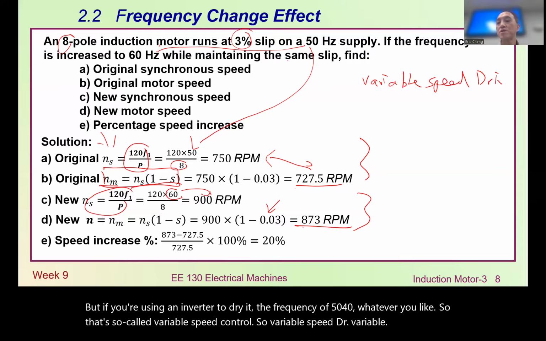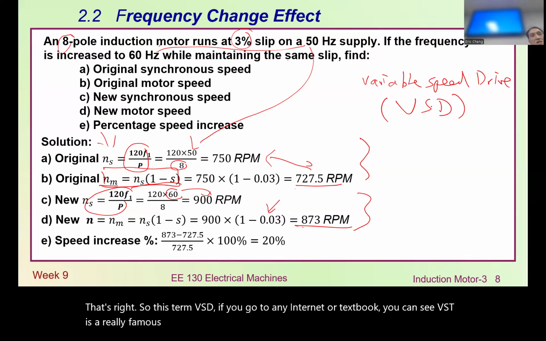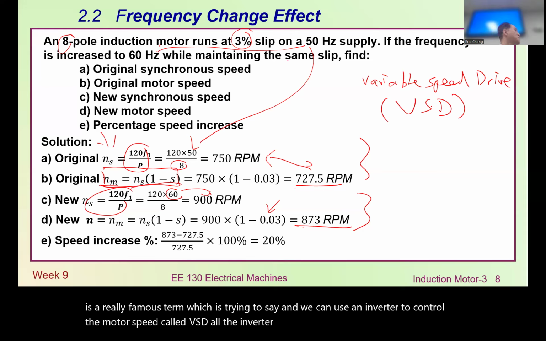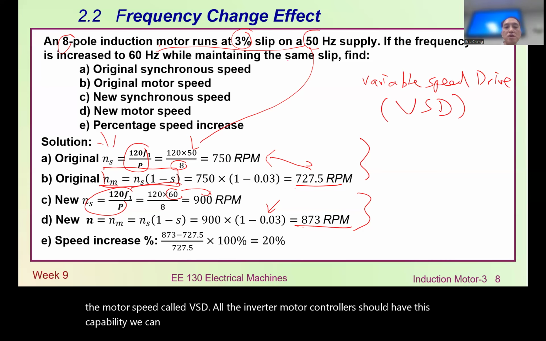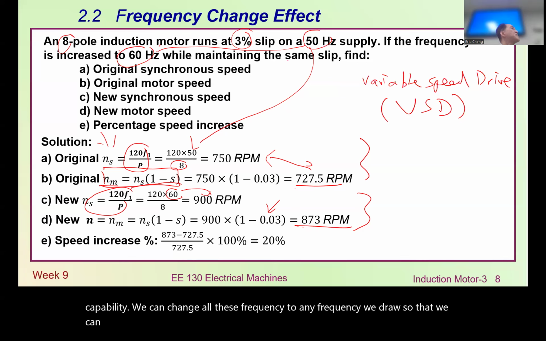This term VSD, if you go to any internet or textbook, is a really famous term, which means we can use an inverter to control the motor speed. All inverters or motor controllers should have this capability. We can change the frequency to any frequency we drive so that we can have a variable synchronous speed, right?